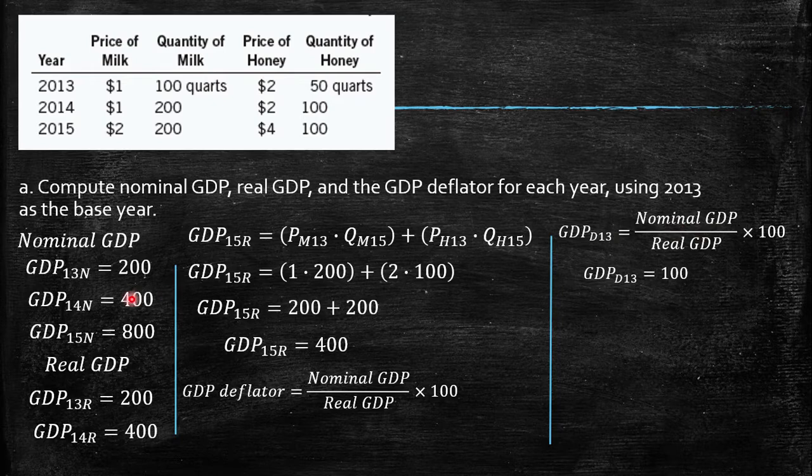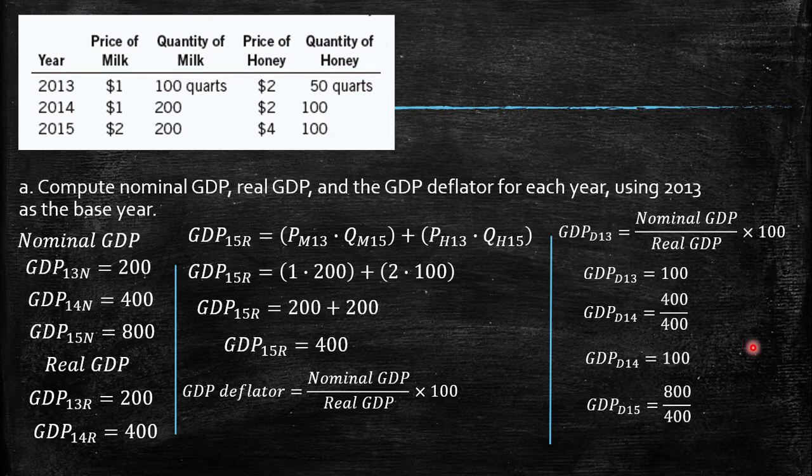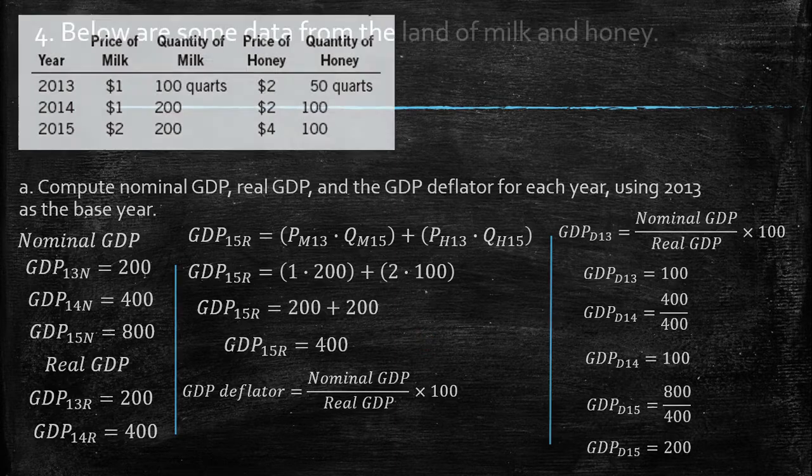The nominal GDP is 200. The real GDP is exactly the same because it's the same year. So times 100 is 100. Then for 2014 it should be the nominal, which is 400, over the real, which is 400. Again, the GDP deflator for 2014 should be exactly 100. And then for 2015 it should be 800, which is the nominal, over the real, which is 400. Then we end up with 200.